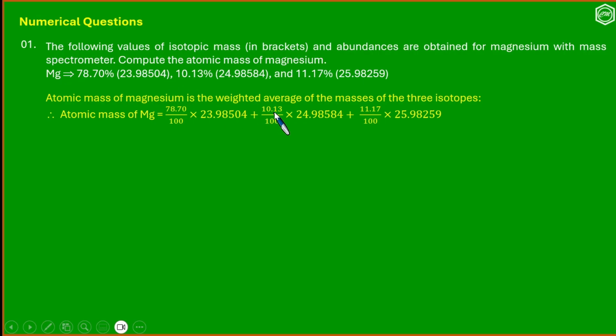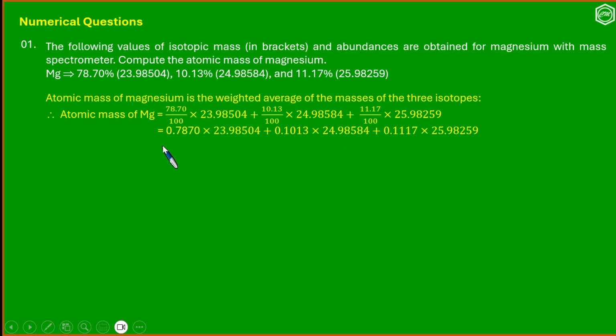Plus 10.13, that is the percentage abundance by 100 into 24.98584. Plus the third one, 11.17 by 100 into 25.98259. And this is actually the fractional abundance.